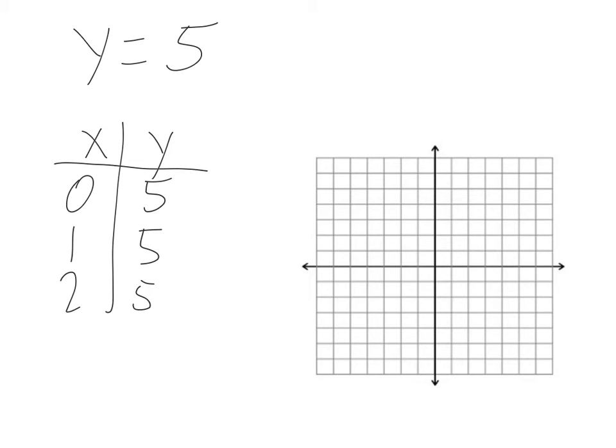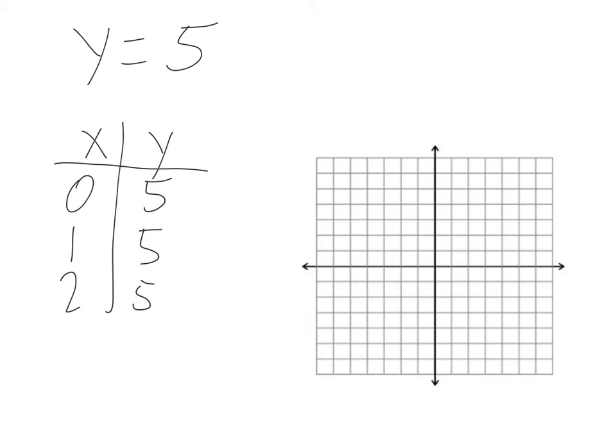Another way you can look at this problem is back with our slope and y-intercept deal. Well, remember that the y-intercept is the number that's always by itself. Well, we have a number by itself here. It's 5. So our slope is the thing that disappeared.